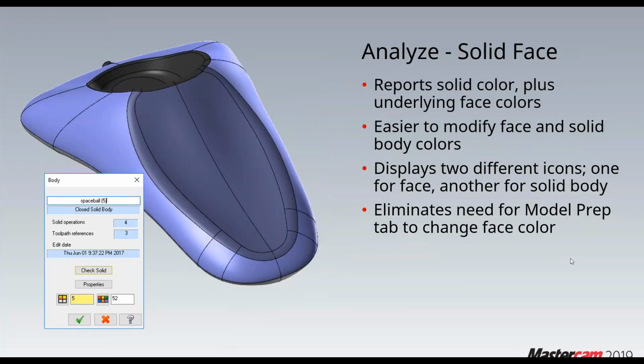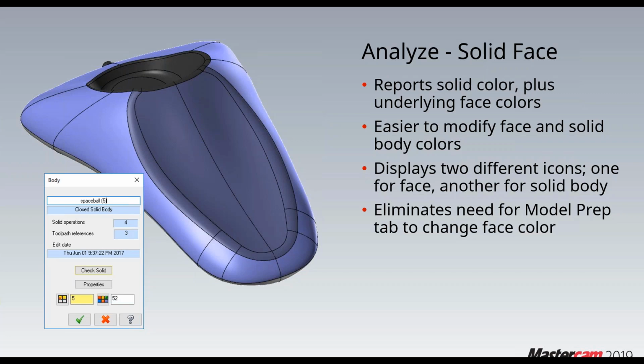So, analyze solid face. This is kind of a small update, but one that I decided to include in the PowerPoint here because it basically gives you some additional options for maybe editing the color of the face. Once I get used to using these new tools, I always forget how you did it before.